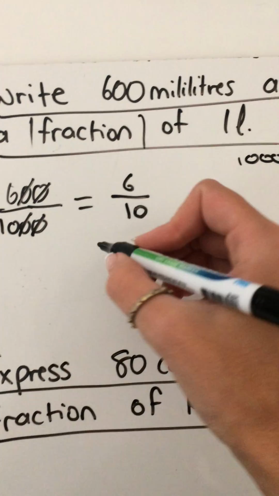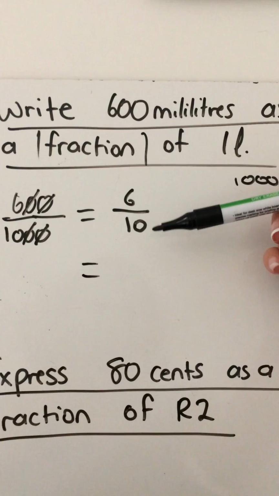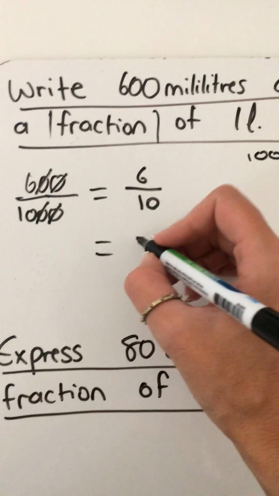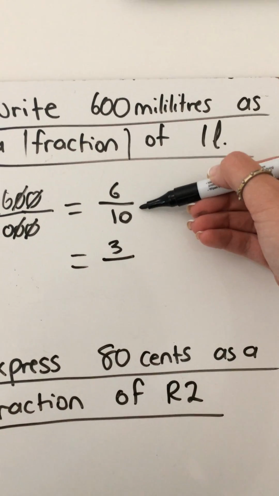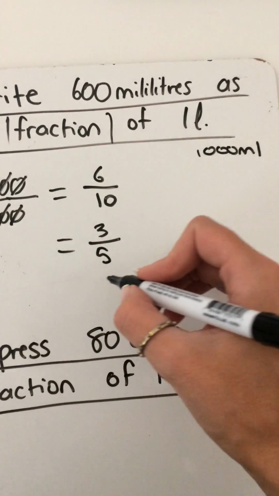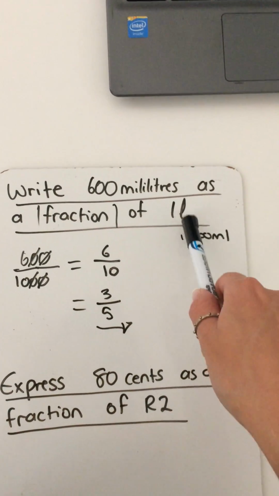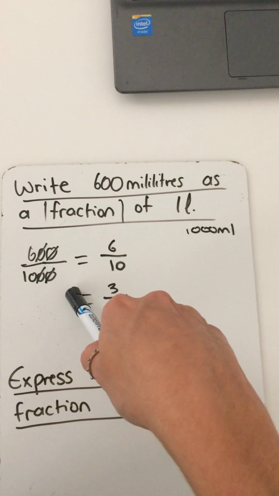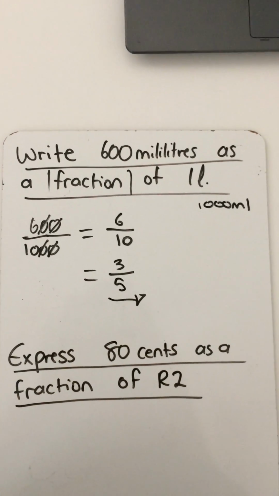But I can still simplify this further by asking myself what number can go inside 6 and inside 10. I know that 2 can go inside 6, and 2 goes inside 6 3 times. And I know that 2 can also go inside 10, and 2 goes inside 10 5 times. So my answer to write 600 milliliters as a fraction of 1 liter, after I've crossed out my zeros, what you do to the top, you do to the bottom, and simplifying again, my answer is 3/5.